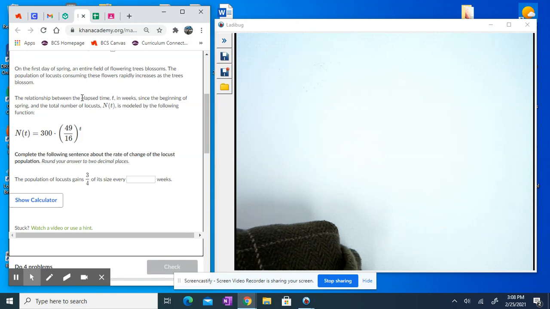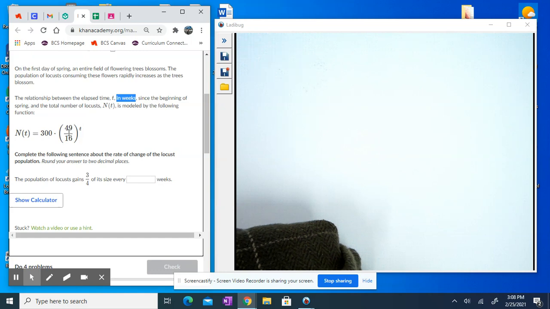The relationship between the elapsed time t in weeks, since the beginning of spring, and the total number of locusts, which is n of t right here, is modeled by this function. Complete the following sentence about the rate of change of the locust population. Round your answer to 2 decimal places.